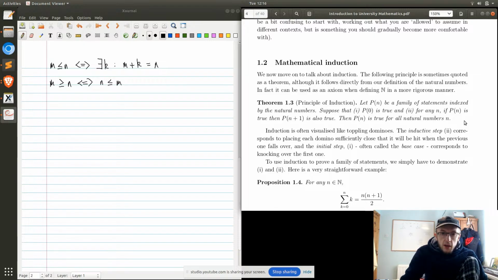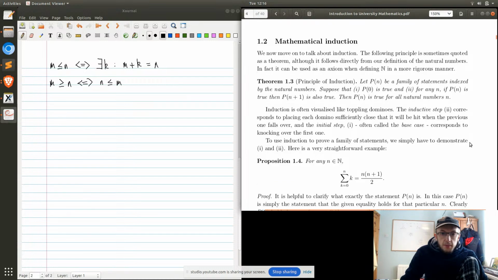And the initial step, 1, is often called the base case and corresponds to knocking over the first one. To use induction to prove a family of statements, we simply have to demonstrate supposition 1 and supposition 2. Here is a very straightforward example.